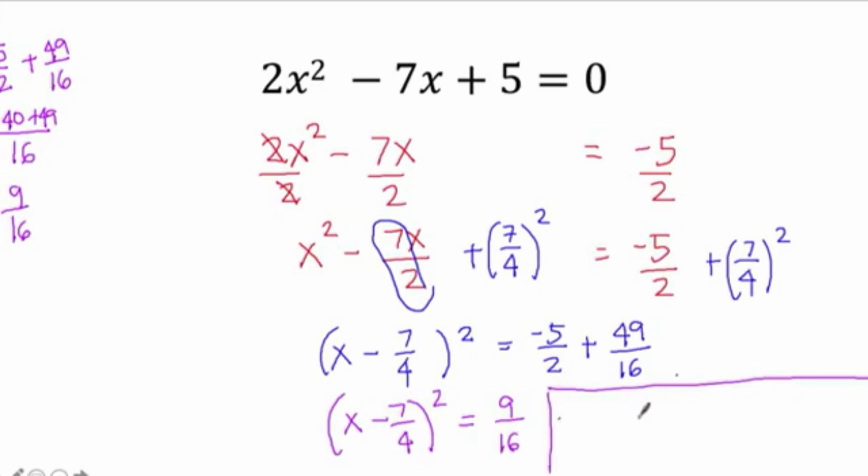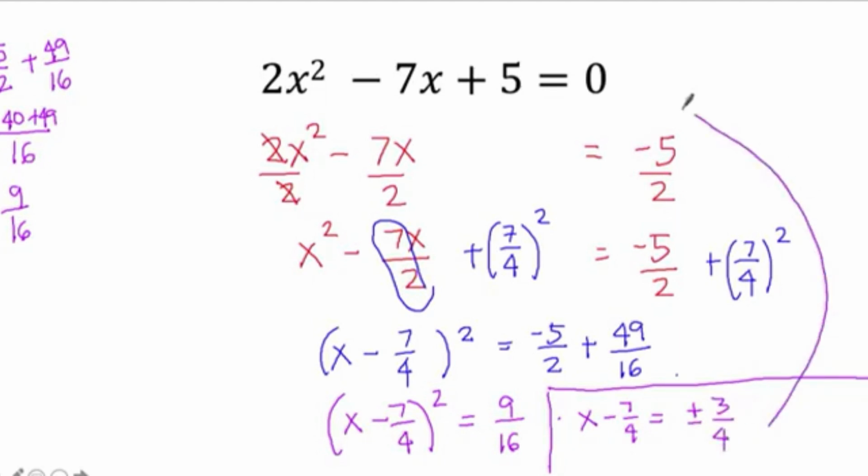Now let's continue our computation here. Get the square root of both sides, so we have x minus 7 over 4 equals plus or minus the square root of 9 is 3, the square root of 16 is 4.